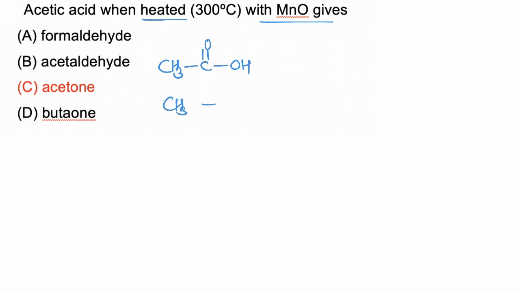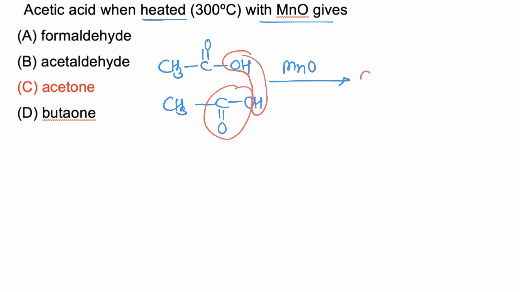If two equivalents of acetic acid are heated in presence of manganese oxide, then water and CO2 gas are released, and this molecule will be converted to acetone along with formation of carbon dioxide and water, and hence the correct answer is C. Now acetone or 2-propanone is formed as a product.